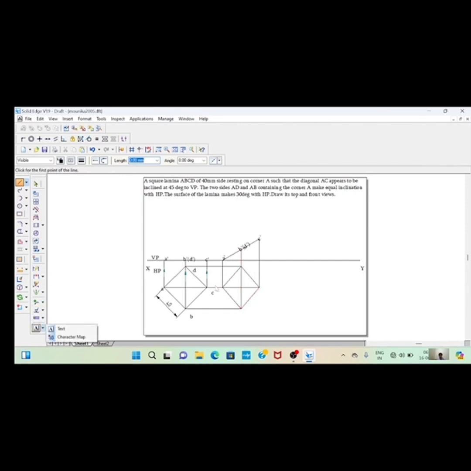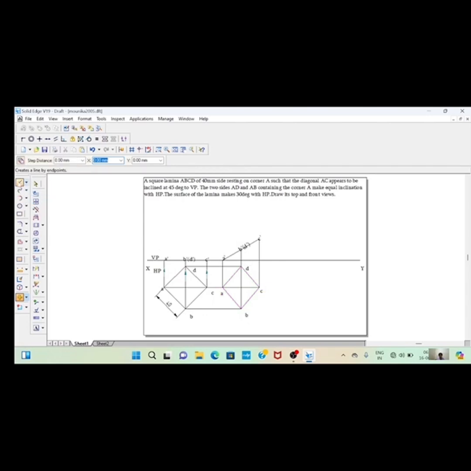Now go to text box and mark the points as A, B, and C. Now go to move option. Select the copy option. Select the square which should be copied.